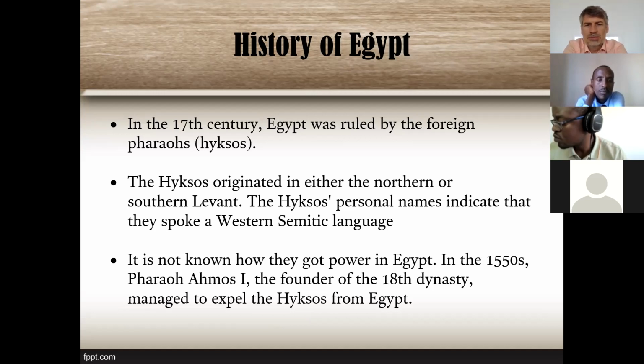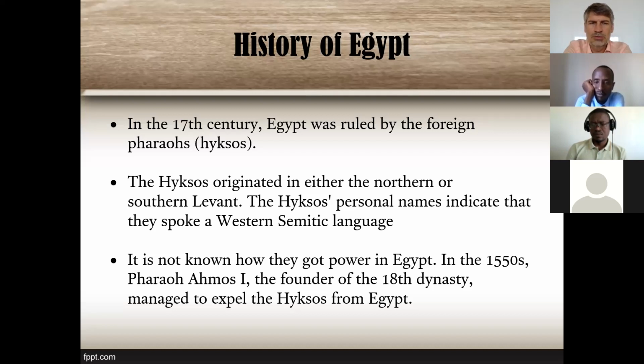What we know about the history of Egypt is this. Do you remember, during the Hellenistic time in Alexandria there was the very, very famous library, and the rulers of Egypt at that time, the Ptolemies, were very educated and wanted to collect as many books as possible.